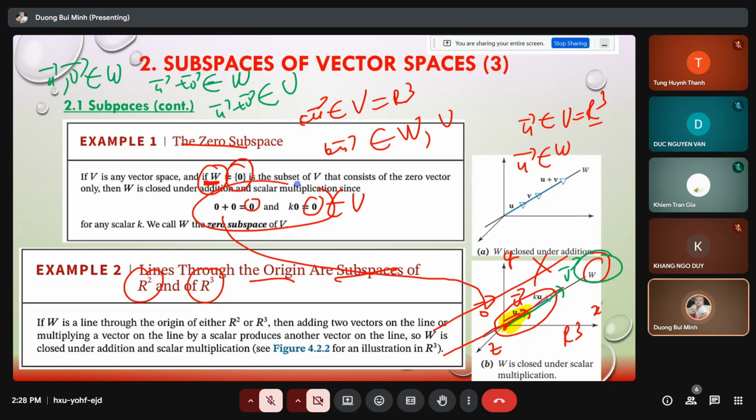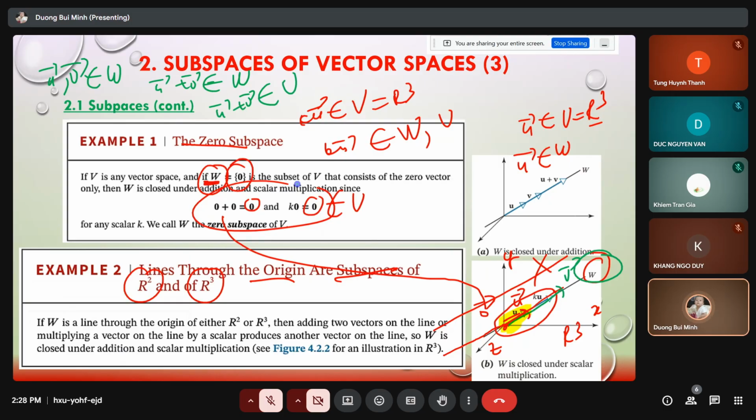First of all, we say this one is a success. Now we need to demonstrate the axioms. We have vector u plus vector v belonging to W, and we see how vector u should belong to W. And u plus v belongs to vector space V. And c times u belongs to vector space V.